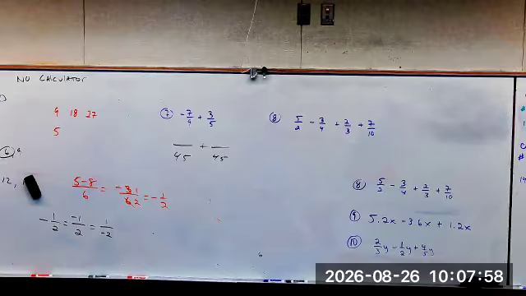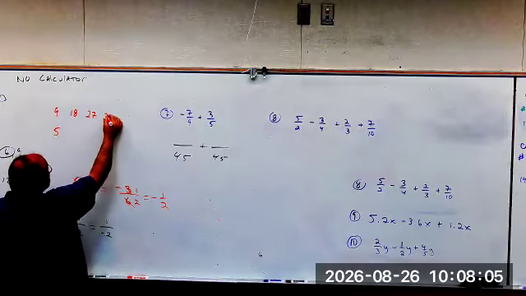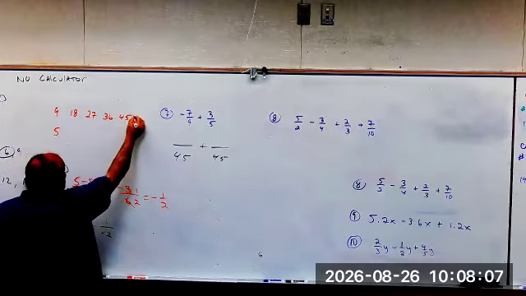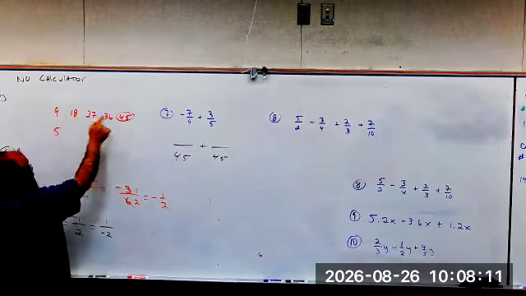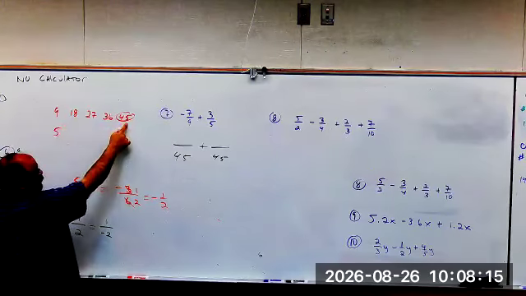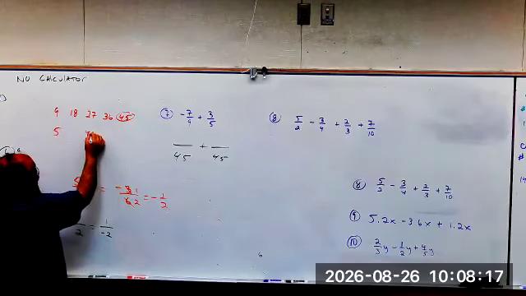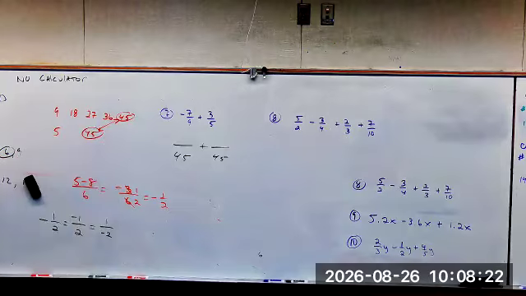The only thing 5 is going to divide is something that ends in a 5 or 0. So 27, the next one is 36, the next one would be 45. That's the first multiple of 9 that ends in a 5. That's the only thing 5 would also go into. So 45 would be the common denominator. Or you list them all out and then you circle the one that's common.